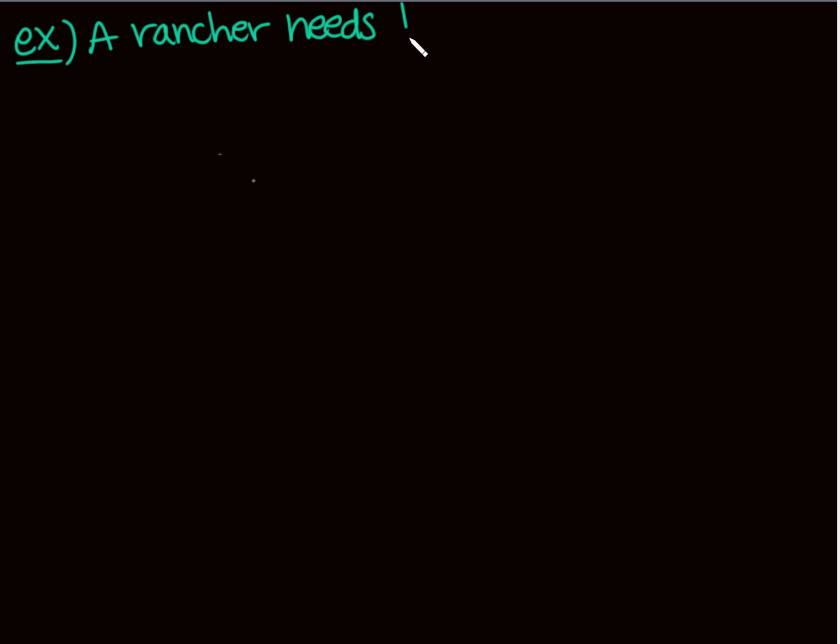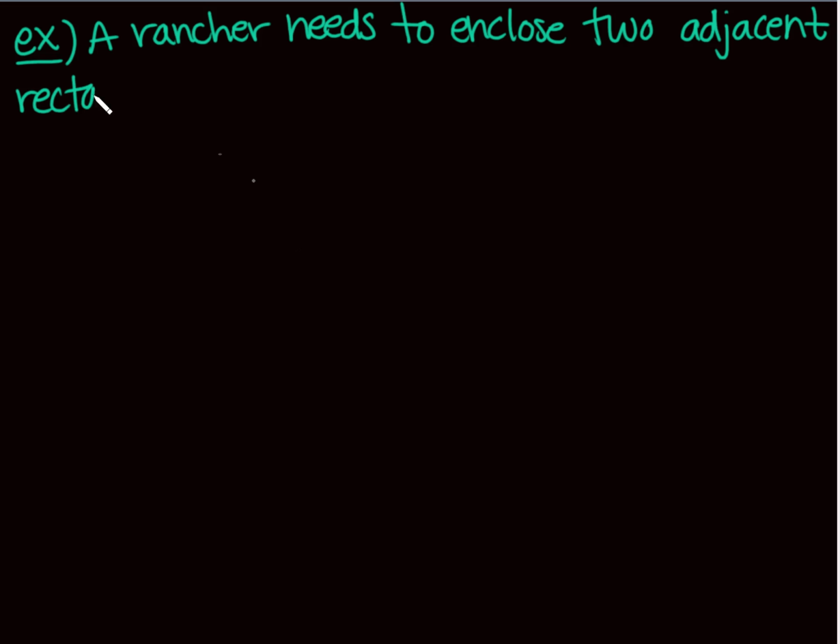A rancher needs to enclose two adjacent, so that's next to each other, rectangular corrals. One for like cattle and one for sheep or something. I don't care what the rancher is going to put in the corrals. I just know I need two corrals.